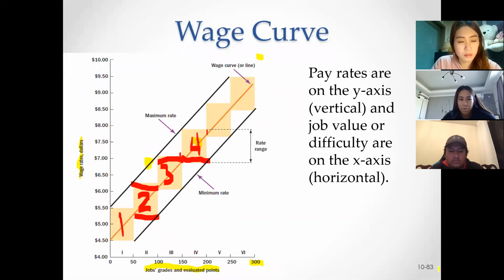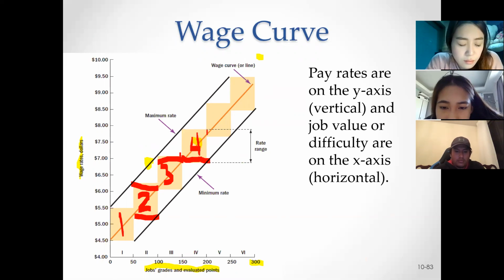So again, we're looking at the payment for the job against the grade or points. So here, how many points for each grade? Rodrigo, looking at this chart, how many points for each grade? 50. Correct. Right? So grade 1 is from 0 to 50 points.